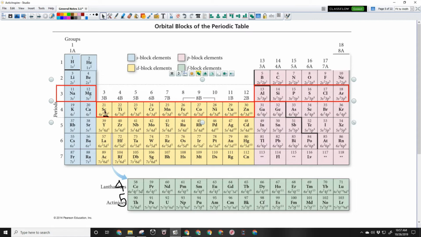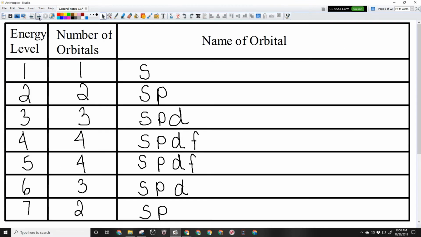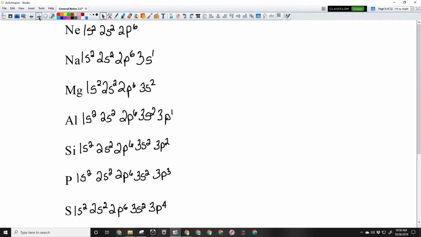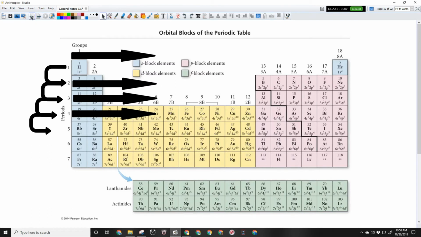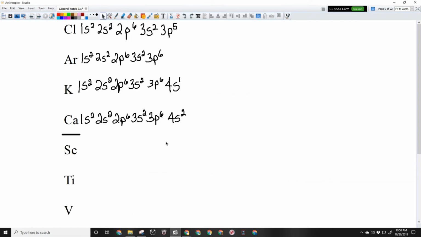So they're low enough energy that they can be considered in the third energy level. And that can get kind of confusing. So just remember that that first d orbital is considered in the third energy level.